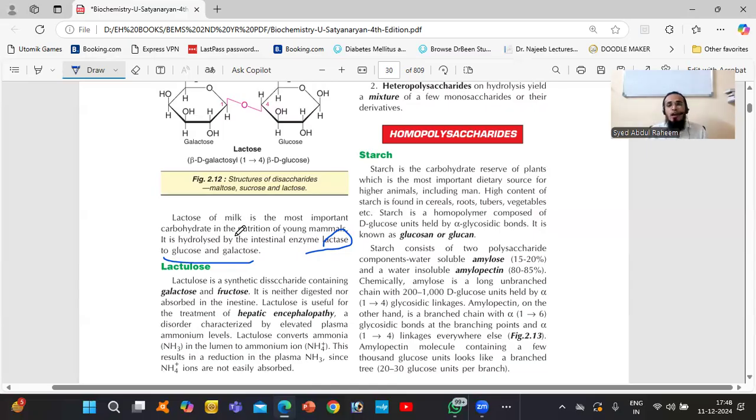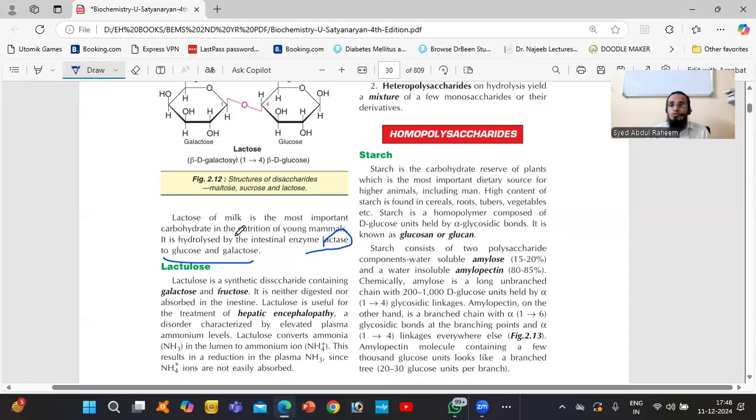In the intestine we have one enzyme that is called lactase. Amylase, lactase, all these enzymes are present in the small intestine, duodenum. And who will release them? The pancreas will release them, to digest.